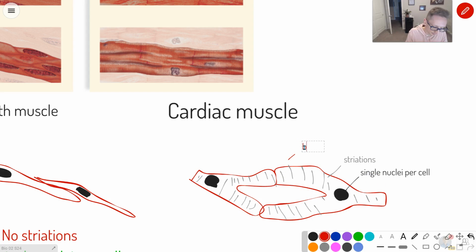Cells can branch. And they have very strong junctions between each other. These are called intercalated discs.